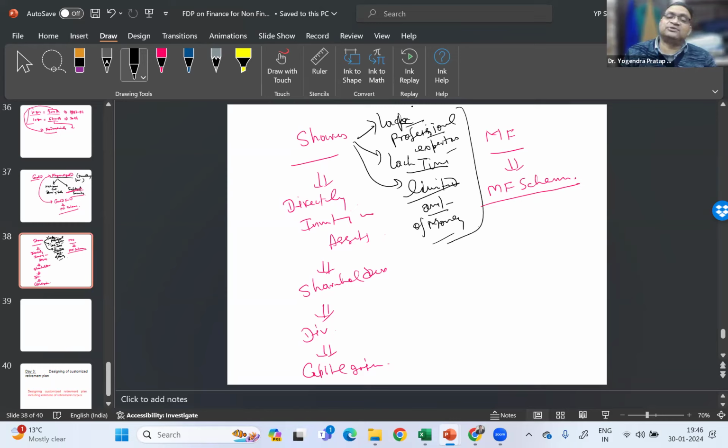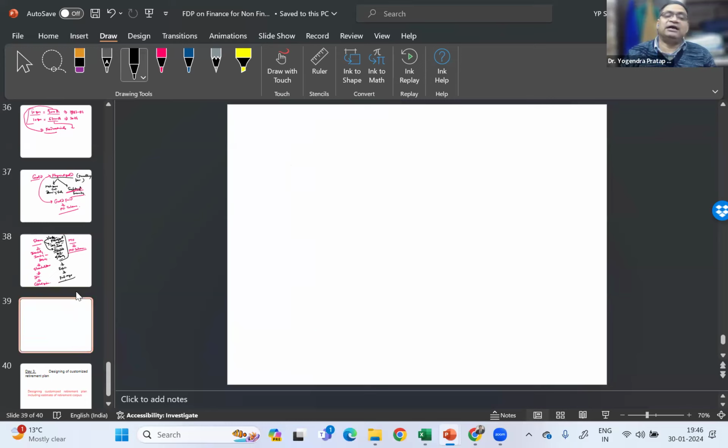Then what is the solution for this? You just hire some expert, known as the fund manager, and hand over the money to the fund manager. So what is the functioning of mutual funds? The fund manager, also known as AMC, and all the investors pool their money with the fund manager.